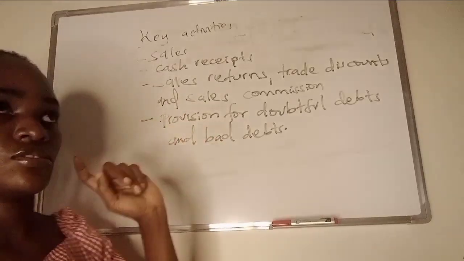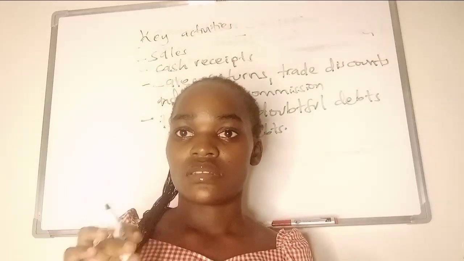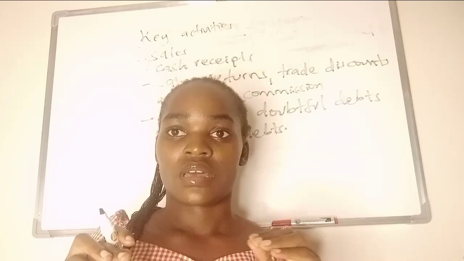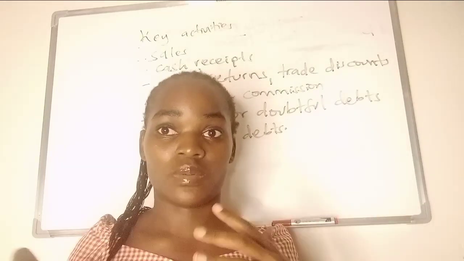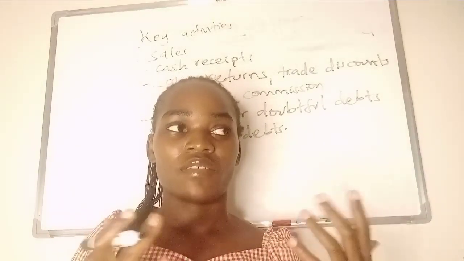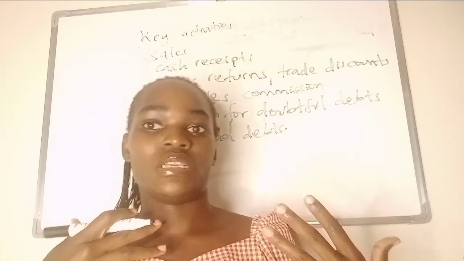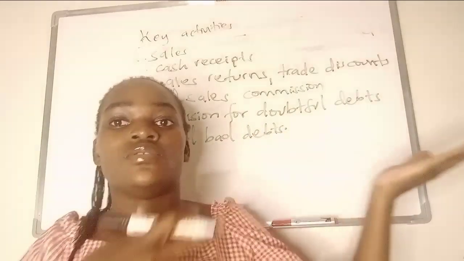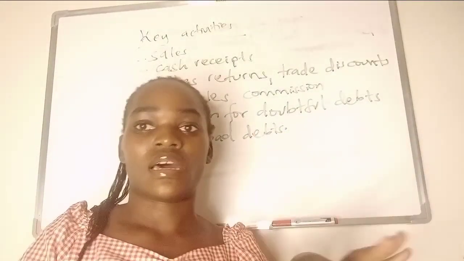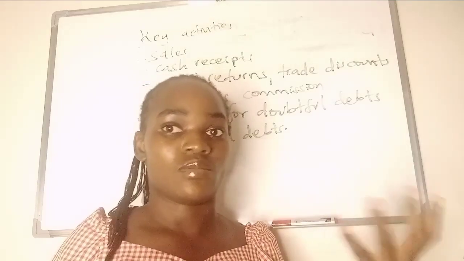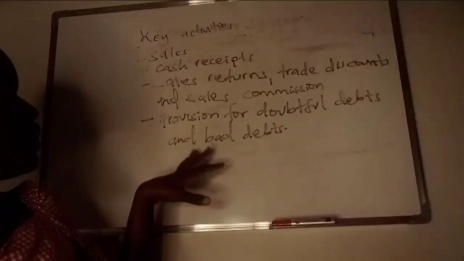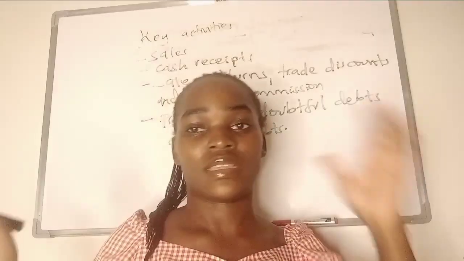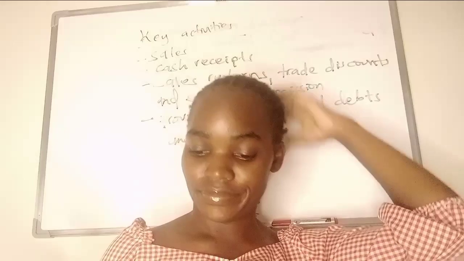Then provision for doubtful debts and bad debts. This happens in case of credit sales, because when goods are sold on credit, there is a chance that customers will either pay or not pay. If there is a high chance that customers will not pay, that's when we make the provision for doubtful debts. Then provision for bad debts is when you're sure that they are not going to pay back.